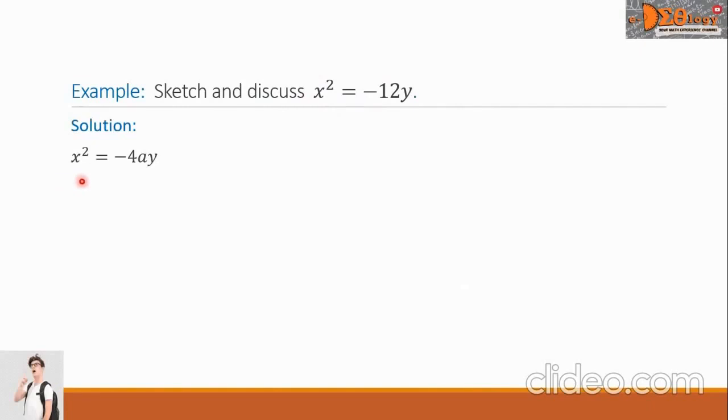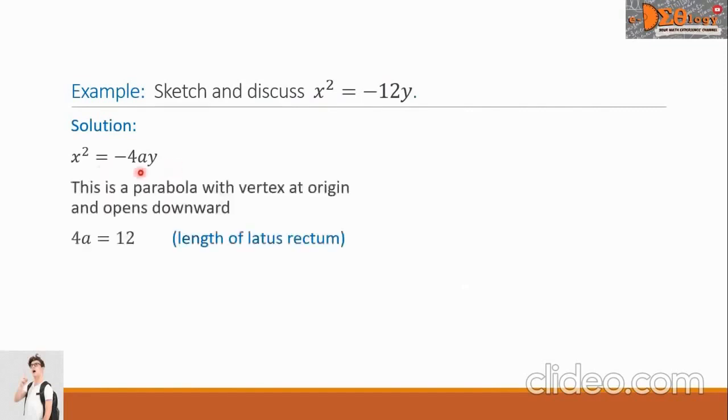So that is x squared equals negative 4ay. We will take the positive value for 4a, and this is equal to that value 12. This 12 here is the length of the latus rectum.